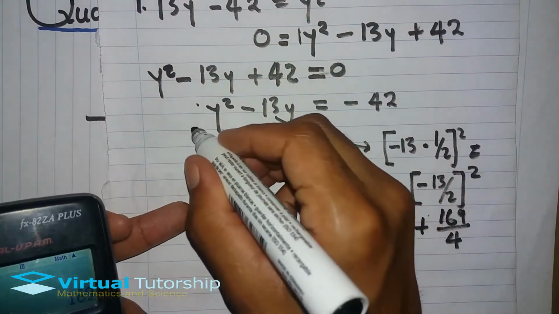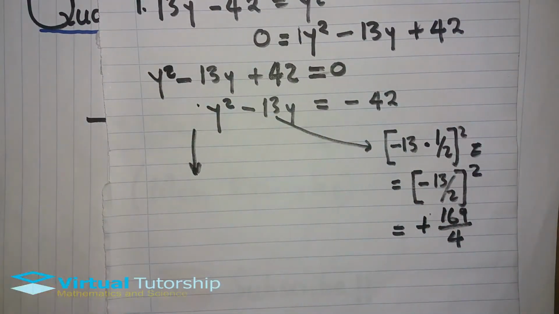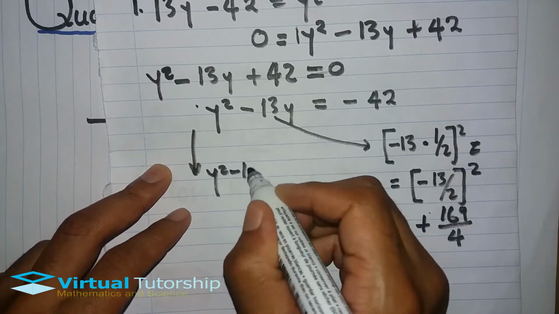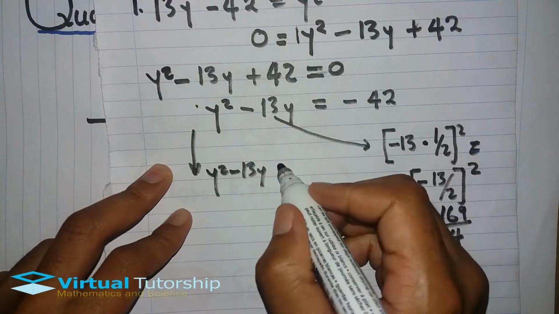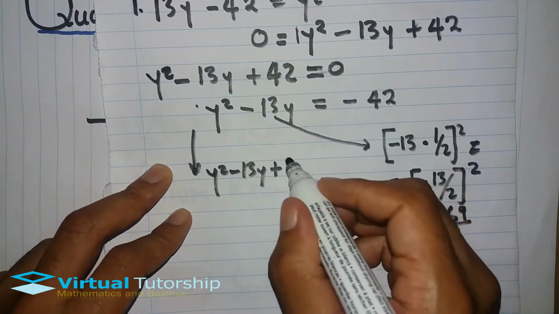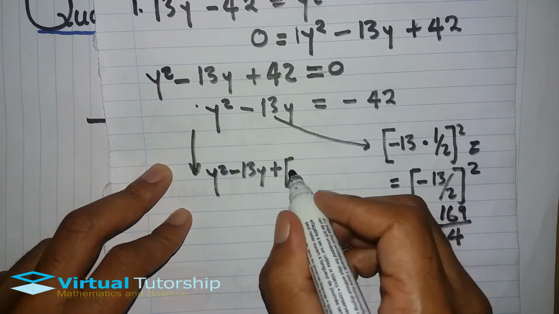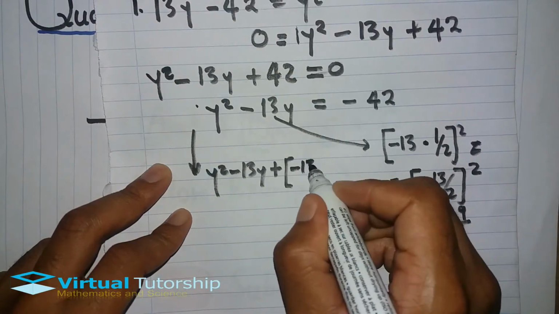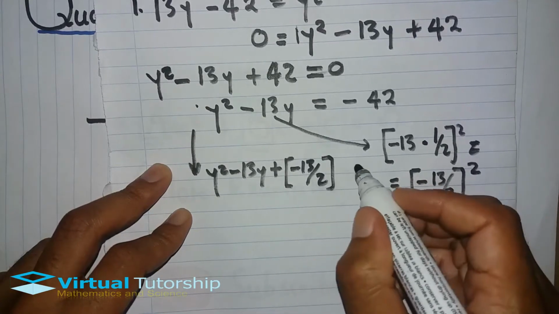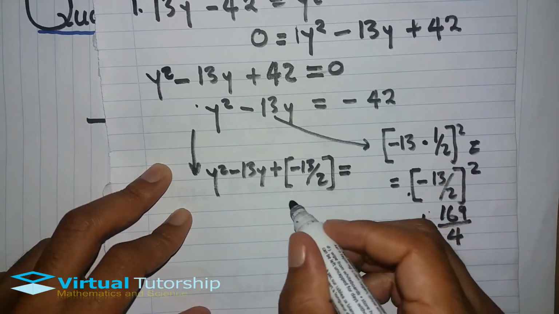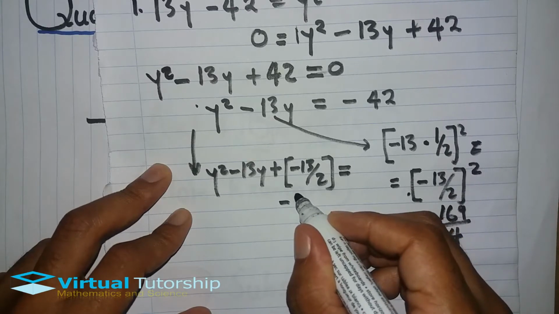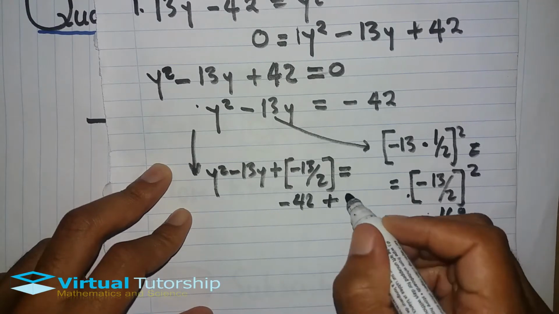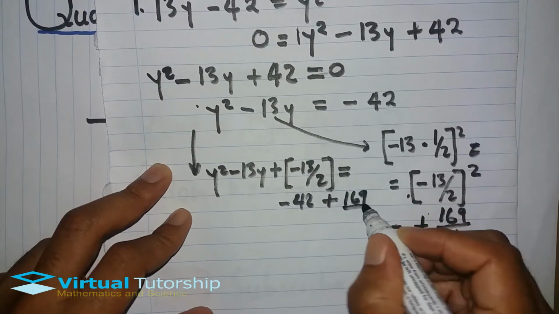So when I go back to this equation, I go back with y squared minus 13y, and then on the left hand side I add this value, minus 13 over 2, equal to minus 42 plus 169 over 4.